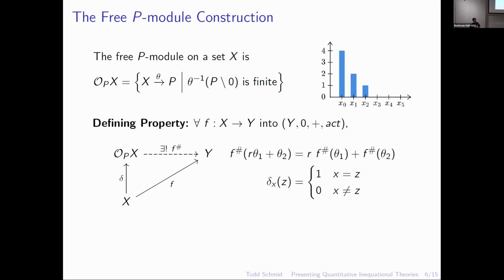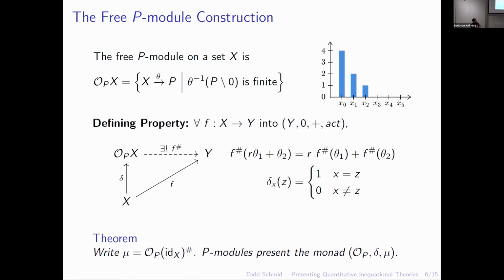If you like monads, what this is saying is that if you extend the identity function, then this set of functions with the Dirac deltas and this evaluation map gives you a monad on the category of sets. If you don't like monads, that's okay. We can still be friends.